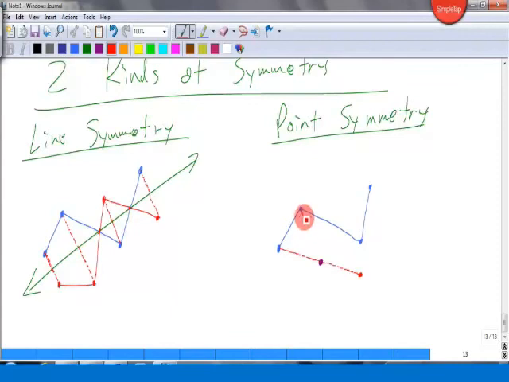Take that blue point and march directly toward the purple point. Out the other side, the same distance, same direction. And plot a point. Take this blue point, march directly toward the purple point, out the other side.